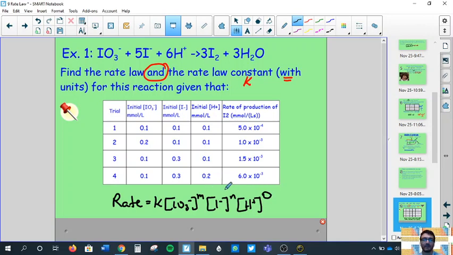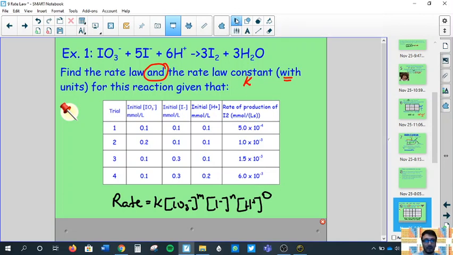All right, so we need to figure out these exponents. Okay, now how we do that is we compare all of our data. So we need to figure out what the relationship of the concentration is to the rate of change for each of these. So to do that, let's start with iodate. If we change the concentration of iodate, let's compare trials 1 and 2. I just start off by comparing 1 and 2.